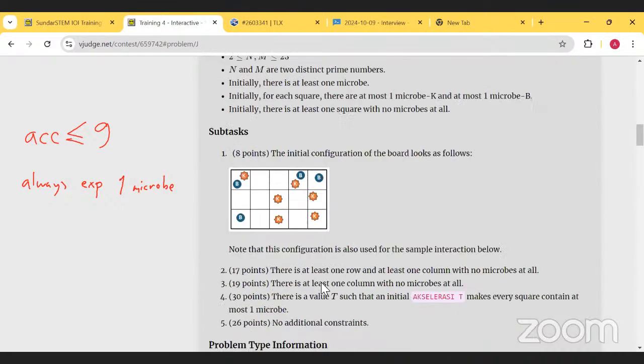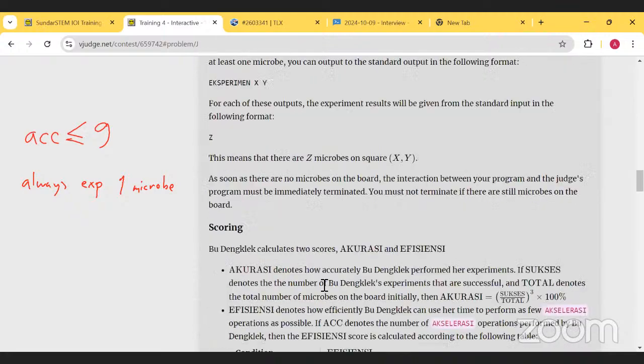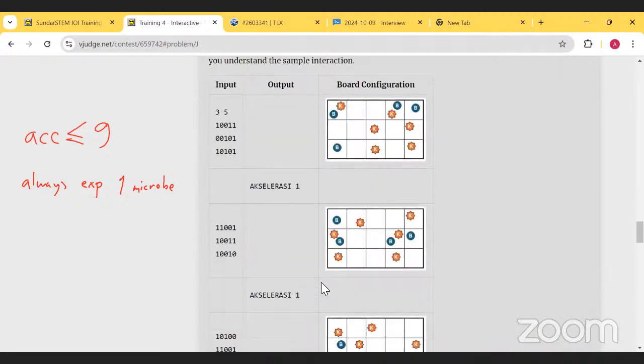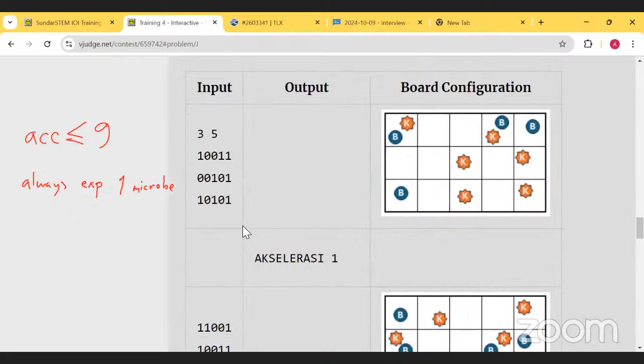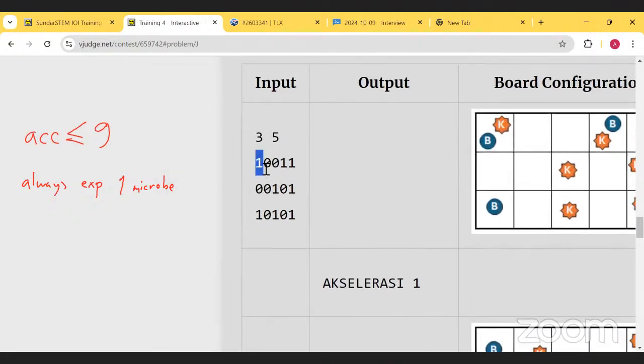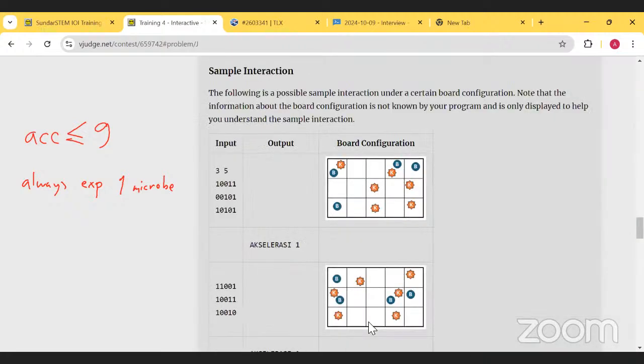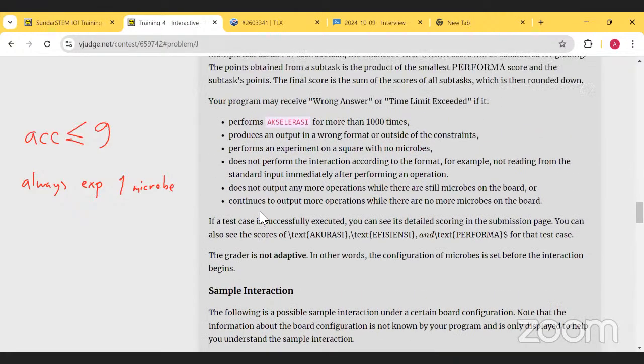But the difficulty here is we don't know whether here there is one microbe or two microbes. So we have to try to find the best solution. Okay.